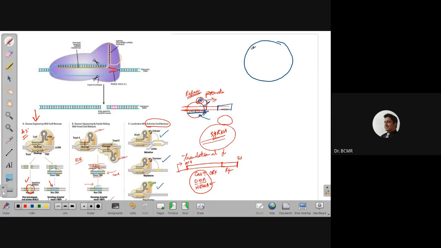The untranscribed or transcriptionally inactive genome is usually on the periphery, and there are thought to be transcription hubs where a lot of transcription happens in one or more locations, and the majority of the transcribed genes are present there. There is a nuclear architecture describing how the genome is three-dimensionally organized within the nucleus.